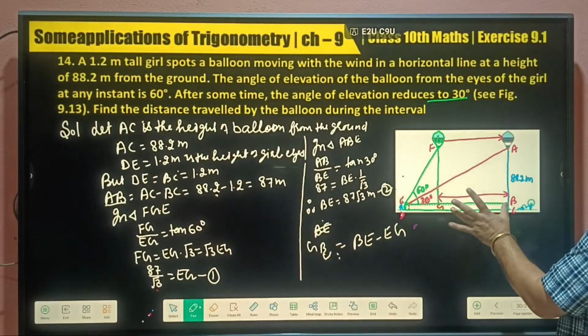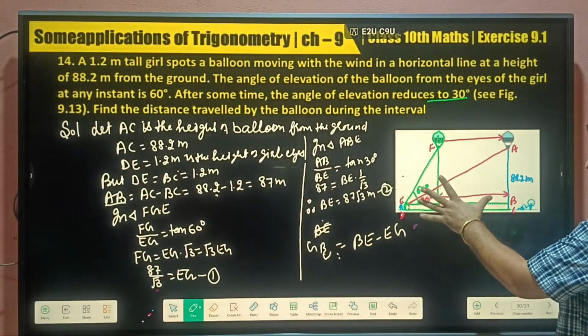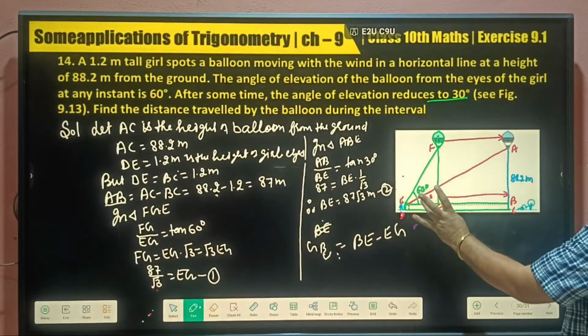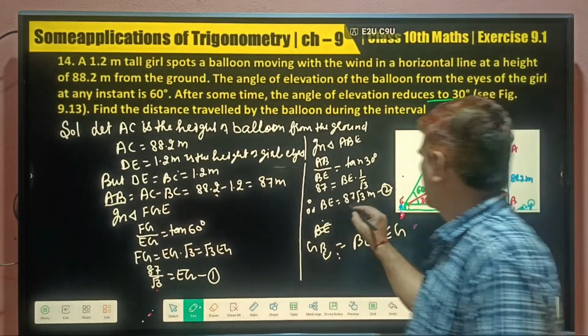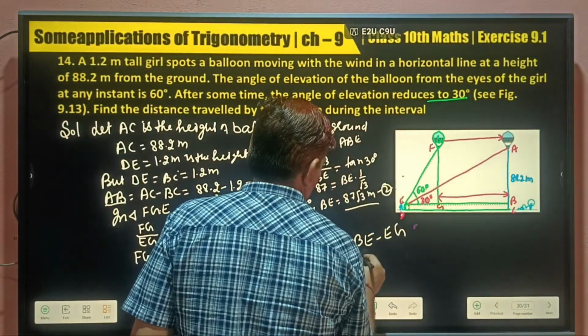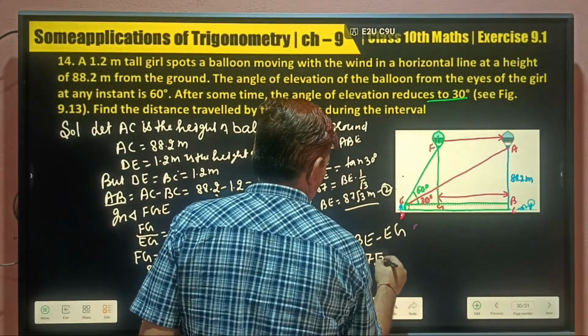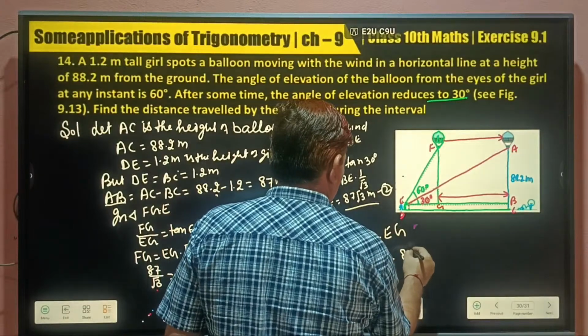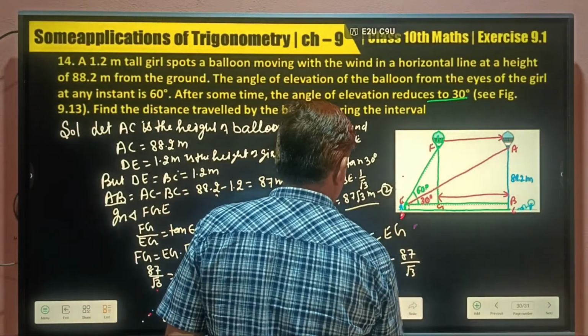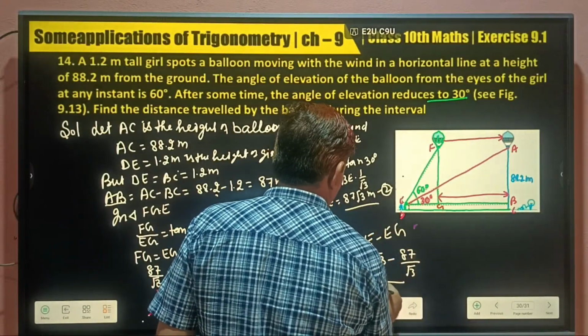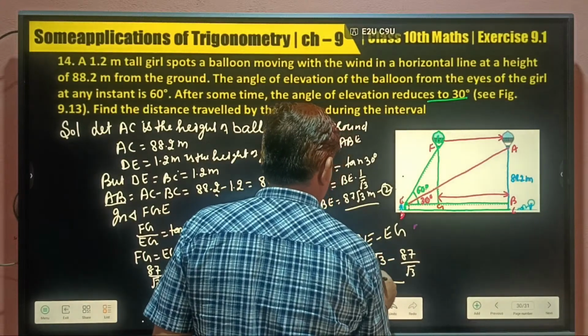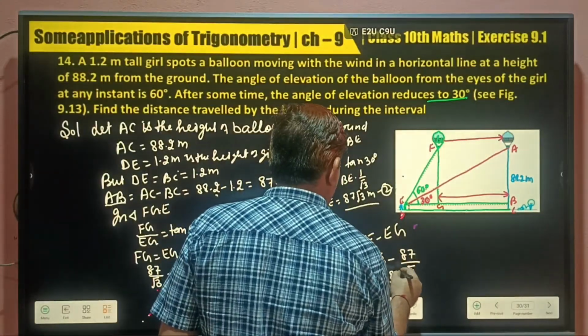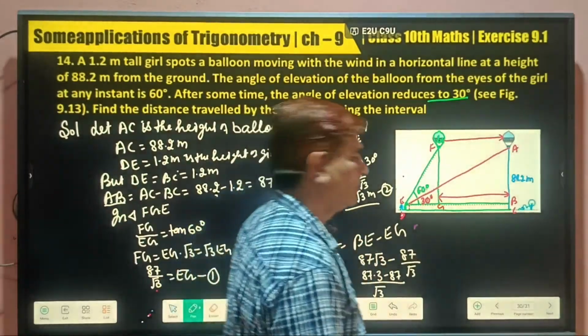BE is how much? This. So 87 root 3 minus EG, which is 87 by root 3. So what's your LCM? Root 3, so 87 into 3 minus 87. Got it?